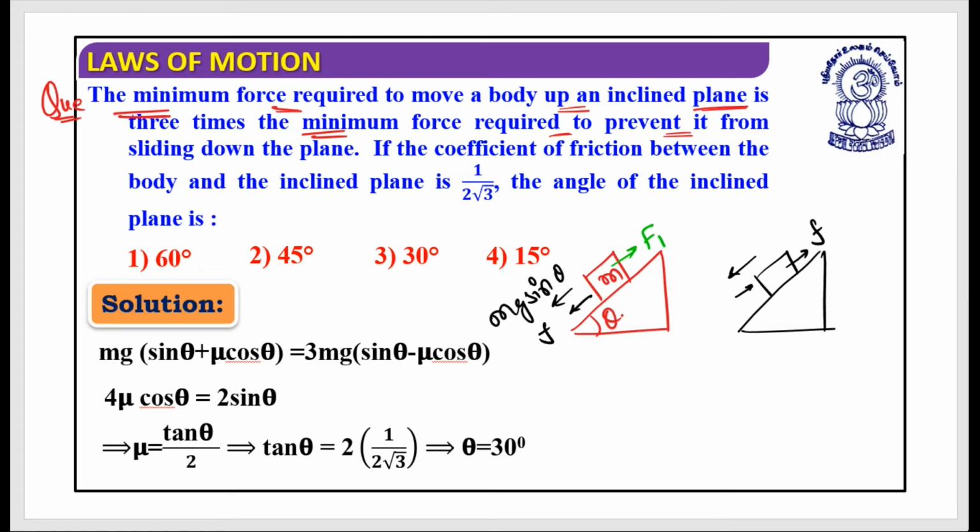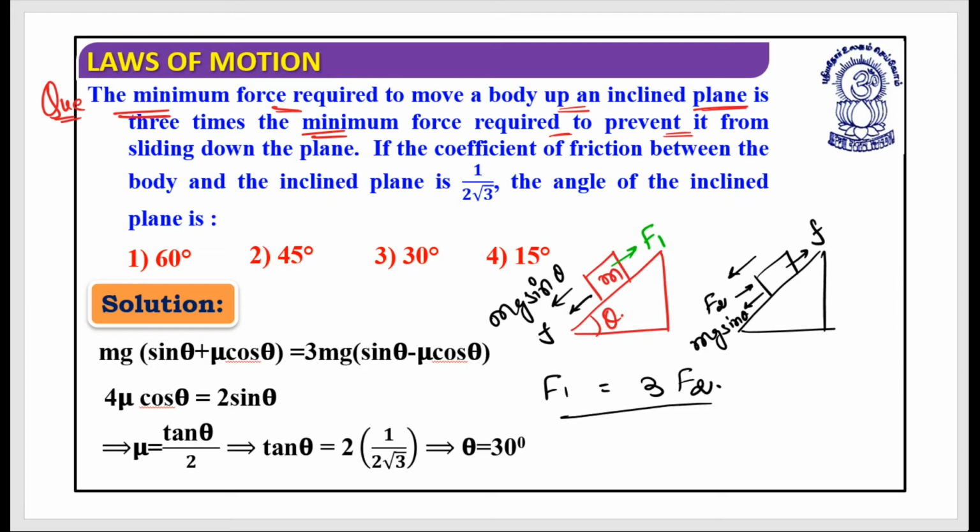I need to apply a force F2 over here, but mg sin theta is again acting in this direction. They mentioned that F1 should be equal to 3F2. I hope this is clear.